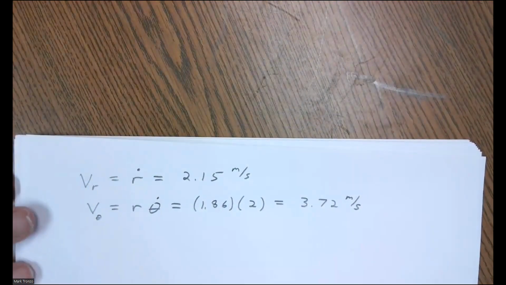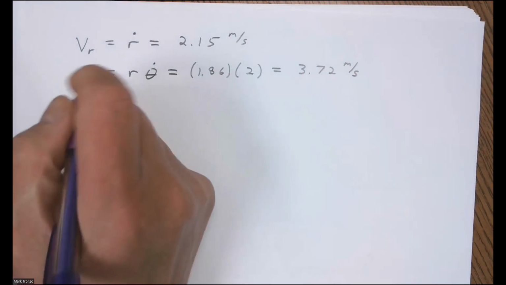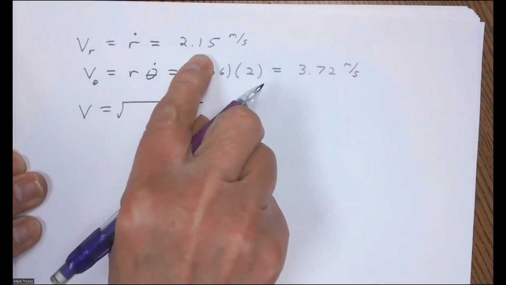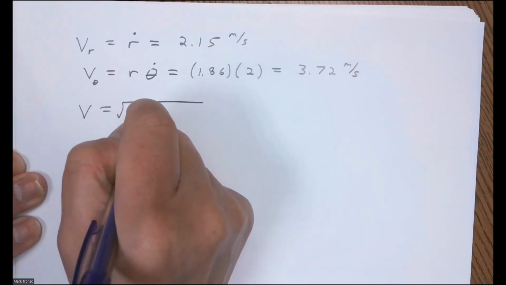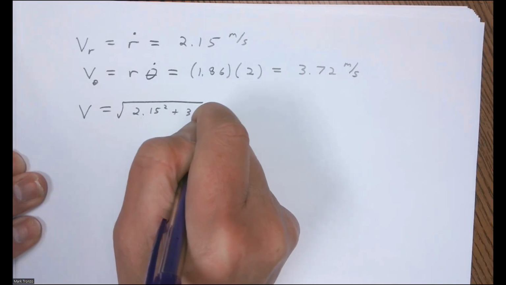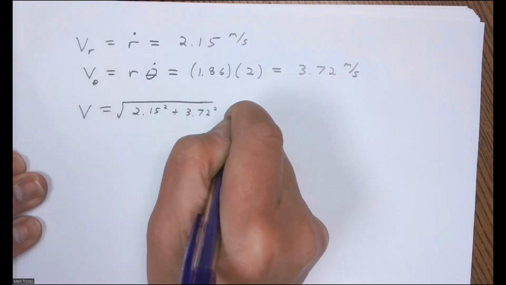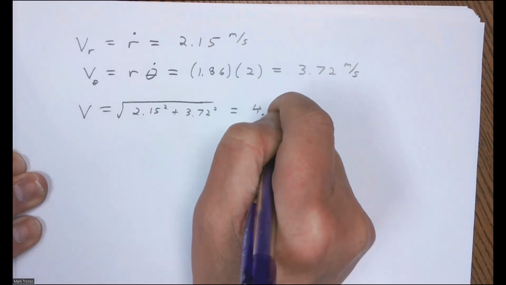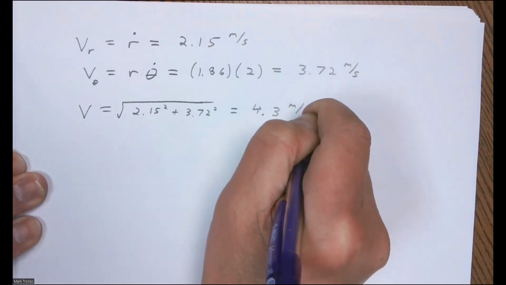And then you can find the velocity right now if you like. This is going to be the square root of this squared plus this squared. And that's around 4.3. I'm going to round things quite a bit.